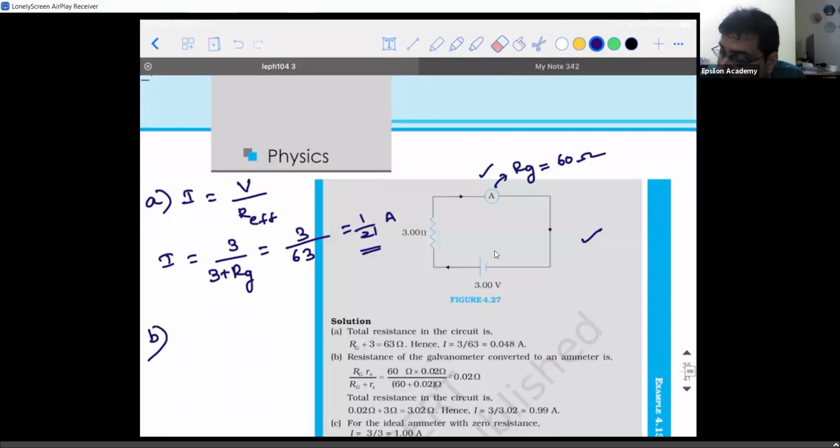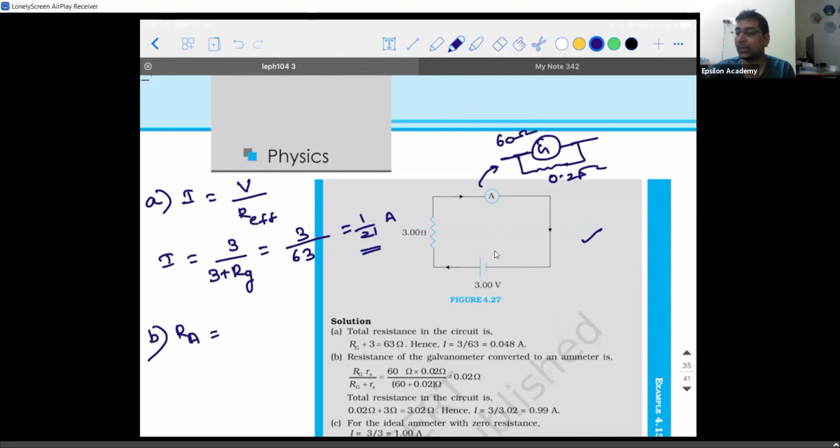What is going to be the resistance of the ammeter? Had it been a galvanometer converted into an ammeter with a shunt resistance of 0.02 ohm, and this is going to have 60 ohm, right?